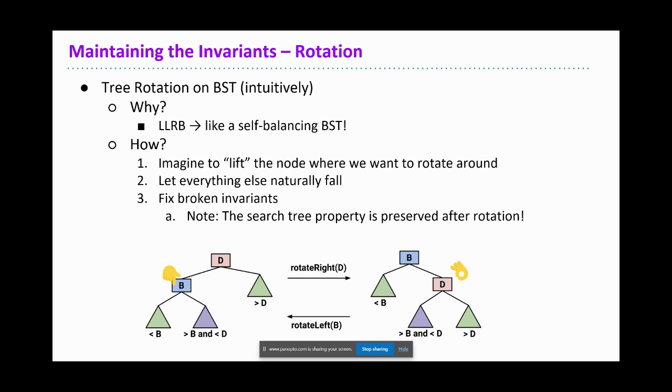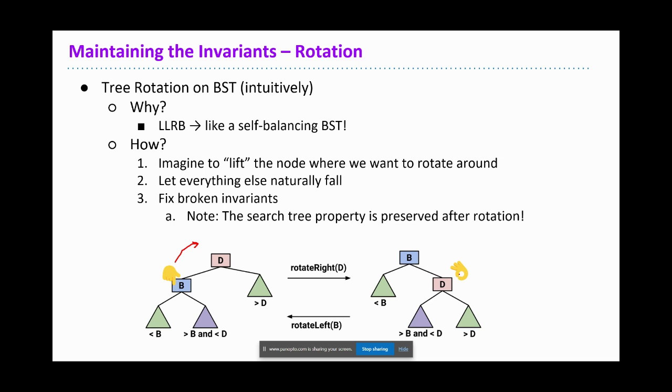Okay, so we're going to go over just really quickly the intuition on what tree rotation means. So when we say rotating right, that basically means that we're shifting things over. Like, say we're picking up B and we're rotating it to the top, and so D would come down as well as everything greater than D. And so you can just think about it that way.